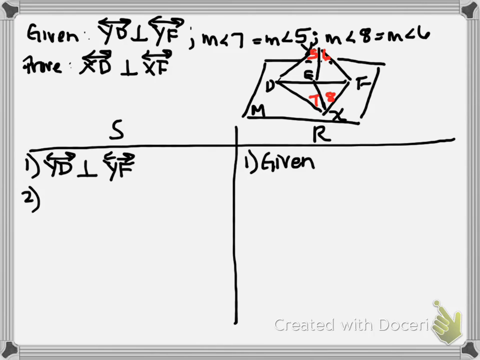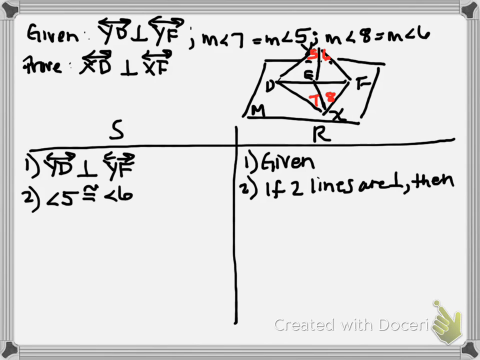And theorem 2-4 says if two lines are perpendicular, then they form congruent adjacent angles. Well, the two angles that are formed are angle 5 and angle 6. So that would be if two lines are perpendicular, then they form congruent adjacent angles.